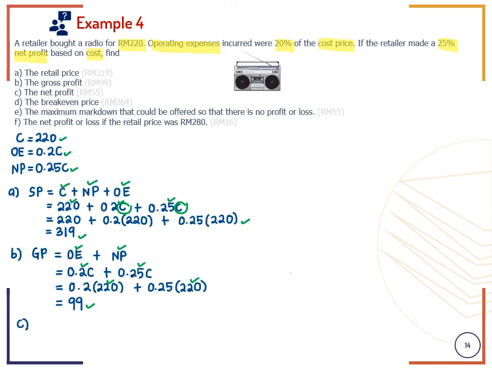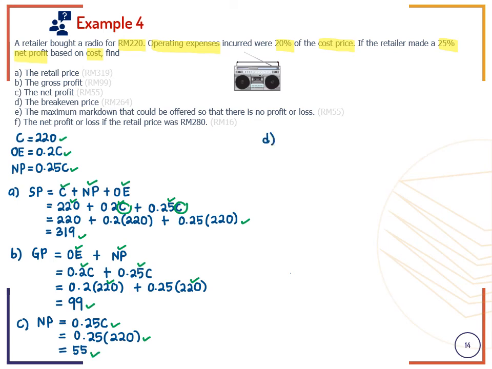As given in the question, net profit is 25% of cost. Therefore, net profit is equal to 0.25 C or 0.25 multiply 220 ringgit, which is equal to 55 ringgit.